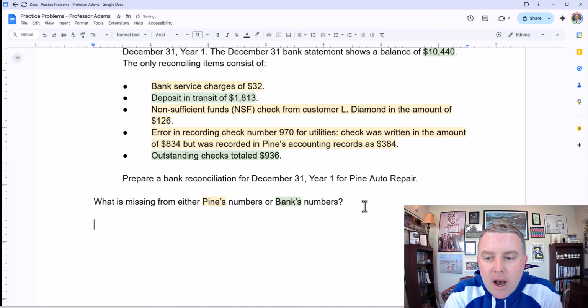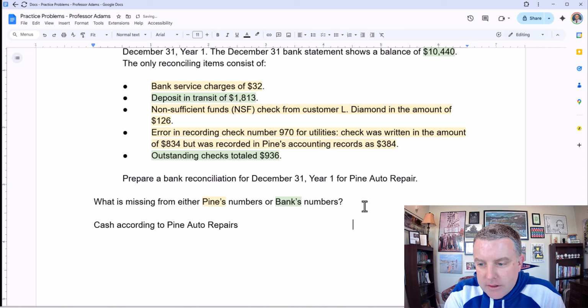So let's start with Pine's records. So cash according to Pine Auto Repairs is 11,925. Then we have to say, what is missing?